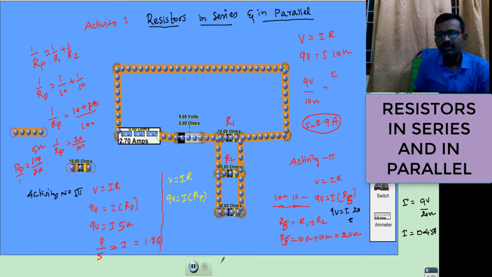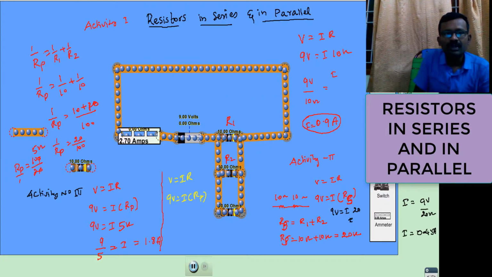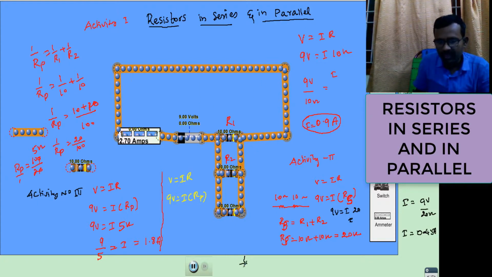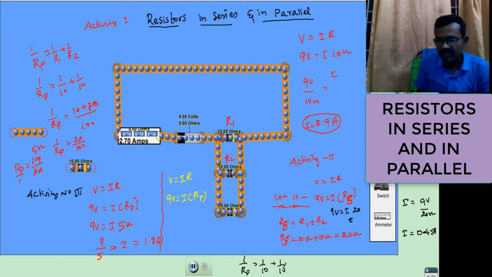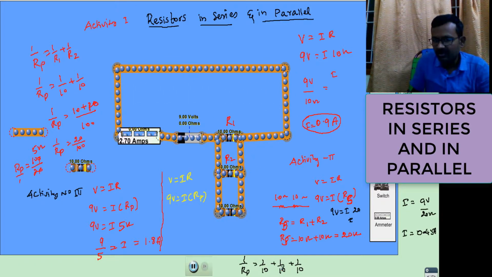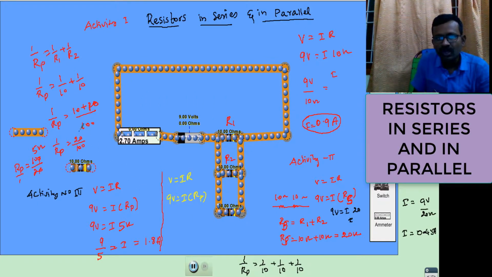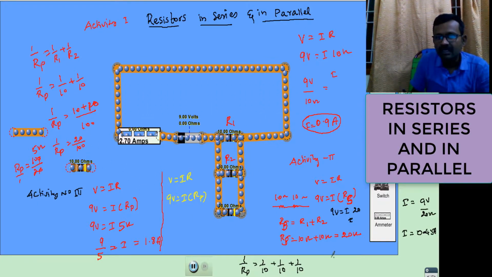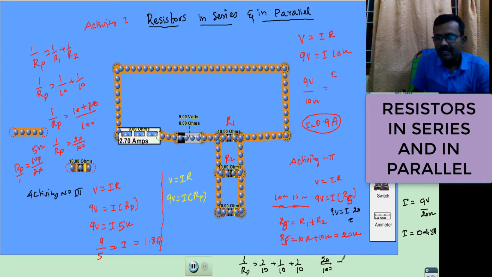What you should do? How we can find out the RP value? So again 1 by RP is equal to 1 by 10 plus 1 by 10 plus 1 by 10. What is the value of the 1 by 10 plus 1 by 10? We got 20 by 100. 20 by 100 plus 1 by 10.